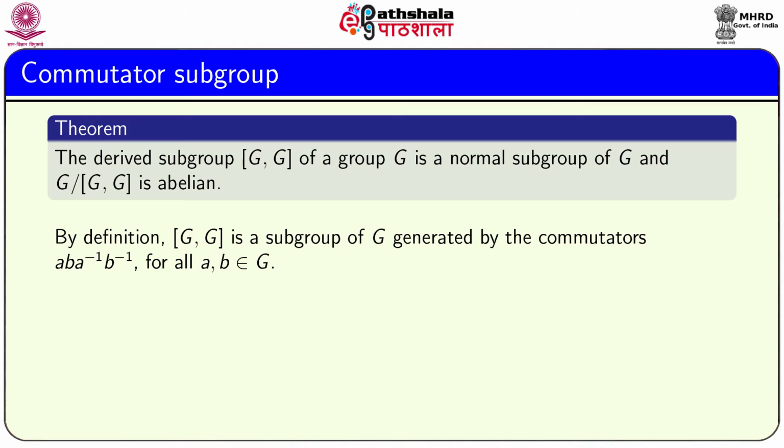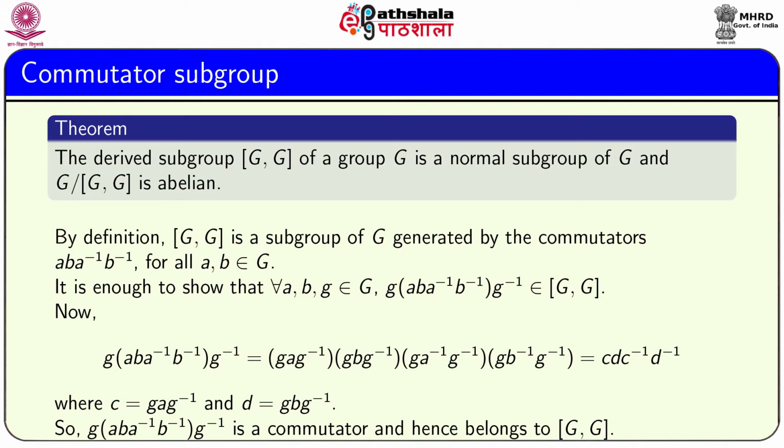Let us first prove that it is a normal subgroup of G. By the definition of the commutator subgroup, all the elements a b a inverse b inverse are inside the commutator subgroup whenever a and b are taken from G.